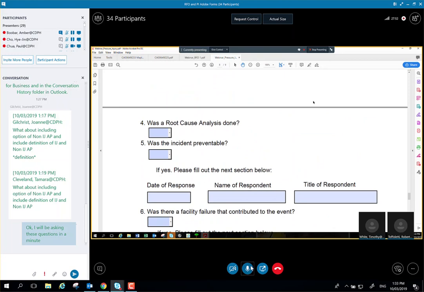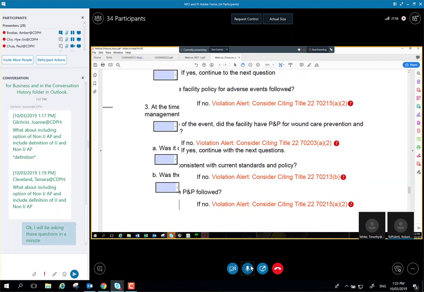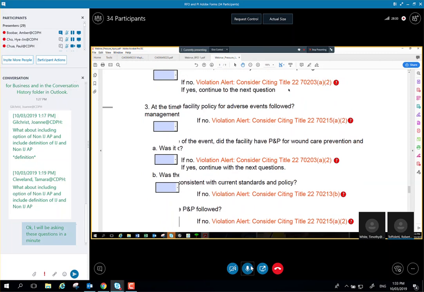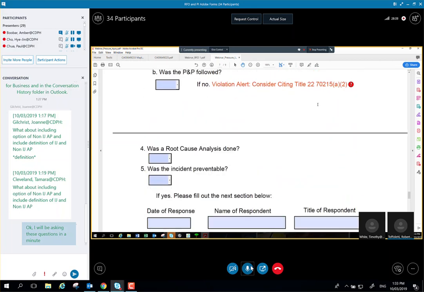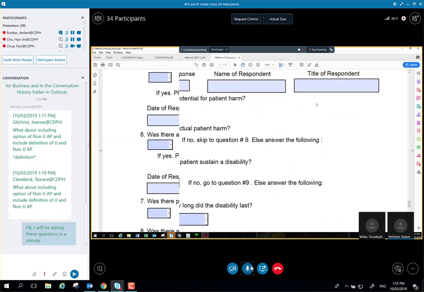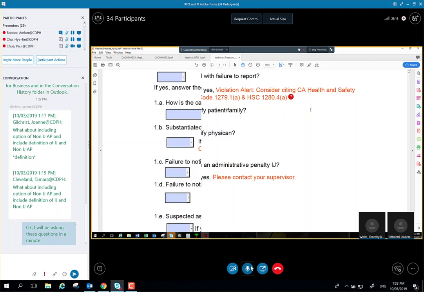Tim, this is Roberto. I have a question here, and I understand where that comes from. Joanne Gerhertz was asking, what about including options of non-IJAP and include definitions of IJ and non-IJAP? So normally in the past, for the application itself, when it was in the system, that information would already come from the Aspen side.